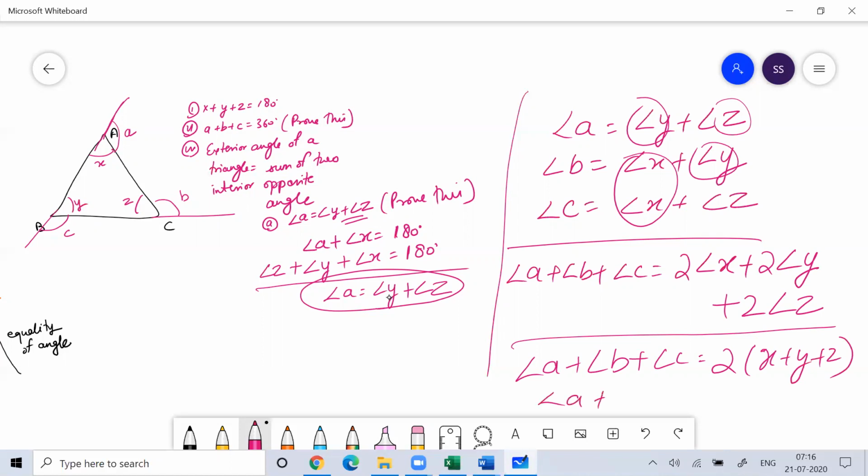So angle A plus angle B plus angle C is equal to 2 times 180, which is 360. With that, you can prove the fact that the sum of exterior angles of a triangle is equal to 360 degrees.